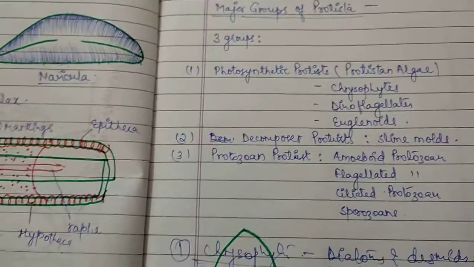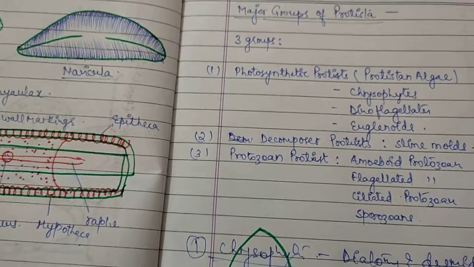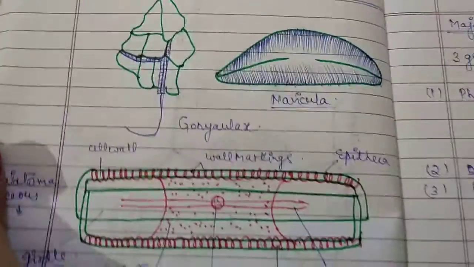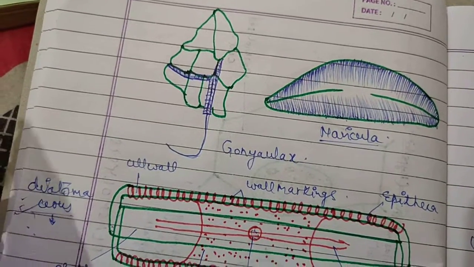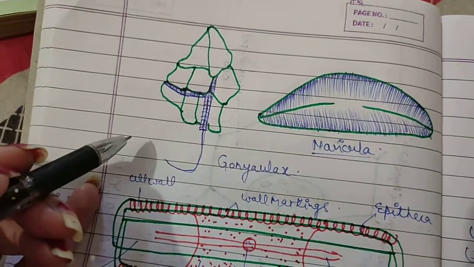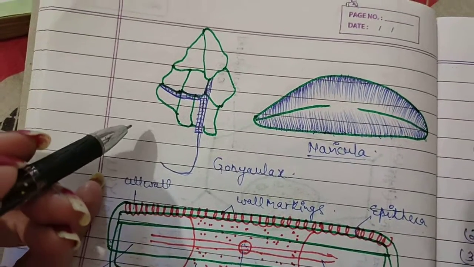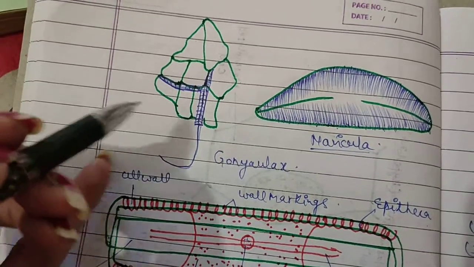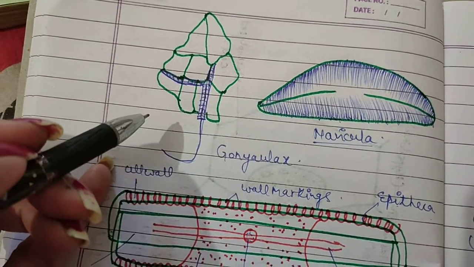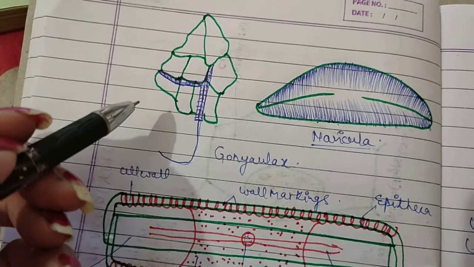Dinoflagellates are also photosynthetic protists, and they appear yellow, green, brown, blue or red depending on the main pigment present in their cell. Whatever the pigment is present, they look like that. Most of them have two flagella, one lying longitudinally and the other transversely.